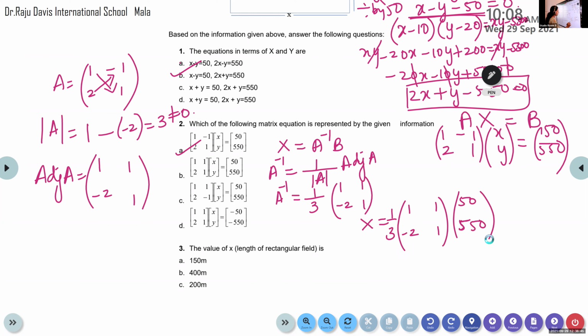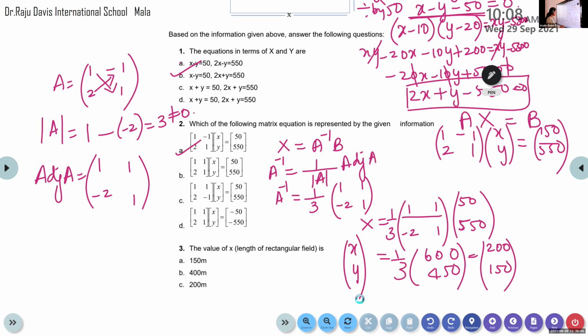So do the matrix multiplication, 1 by 3 into row with column. So it is 600. So the next one will become 450. If you simplify this, it is 200 and 150. This is X. X means X and Y. So what is the value of X?